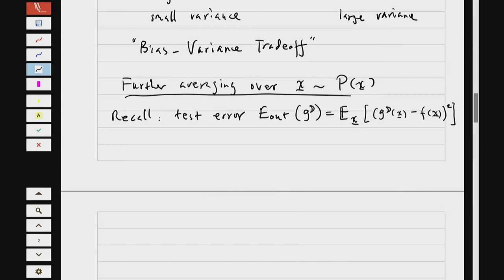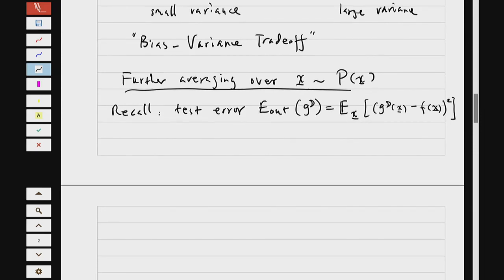Previously we said, if we are given a training data set D, then E out is a deterministic thing, whereas E in is still random, even given D. But now we have one more layer on top of that. When your D is random, then even E out itself is also random. So we have to note that even E out is random, since D is random.